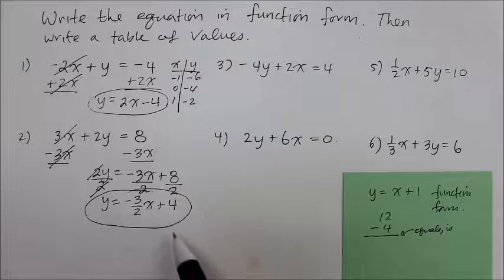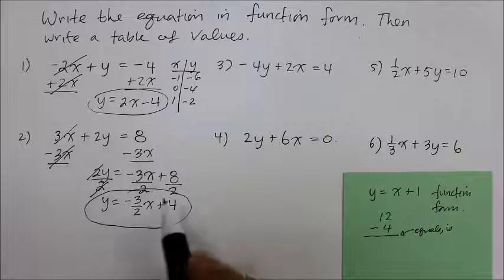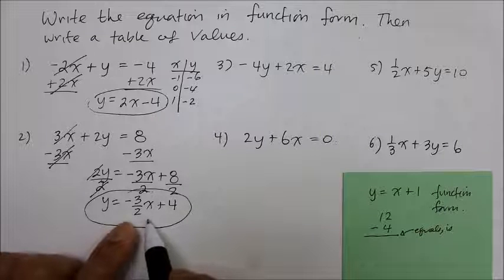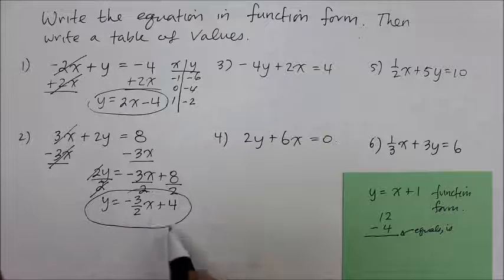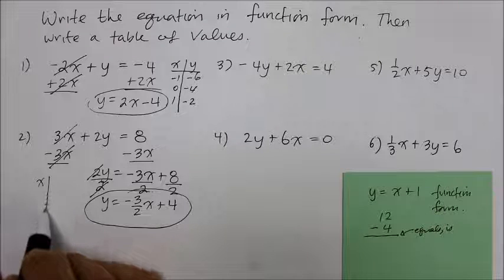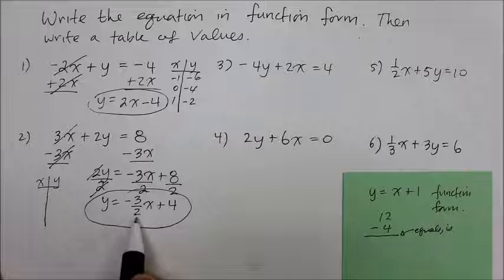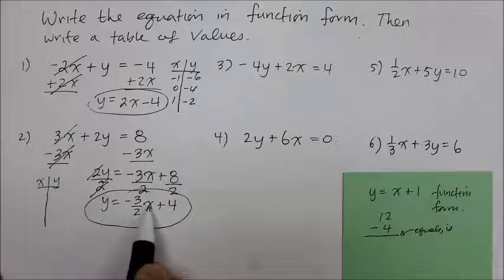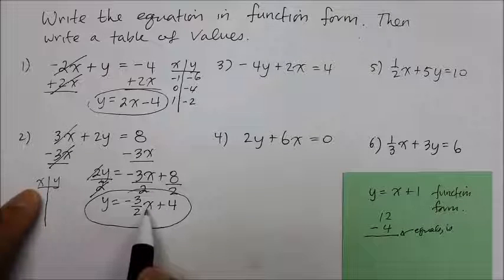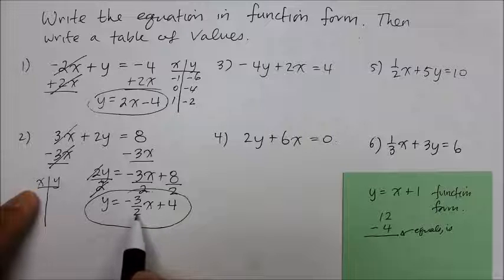There it is. Now you're wondering, oh boy, we have a fraction. How do I do this? No problem. But here's a trick. When you choose a table of values and you have a fraction, look at the denominator. For the domain, the input, you don't want to put a 1 in there. You want a number that is going to cancel or simplify the denominator 2.